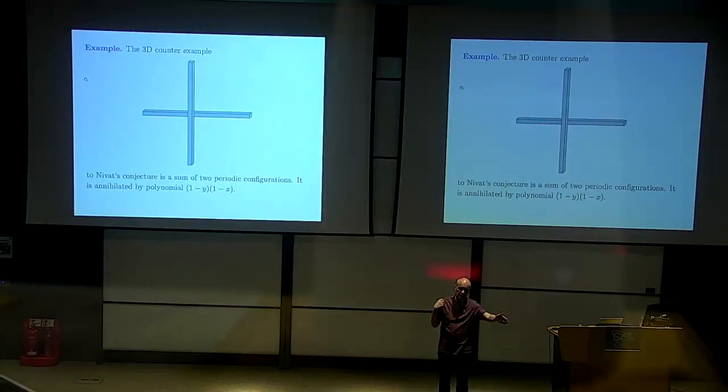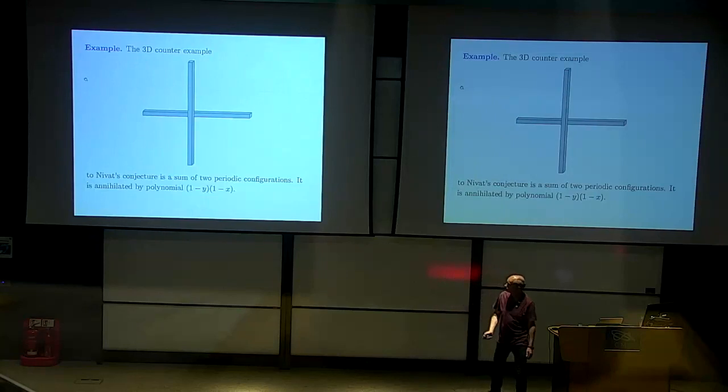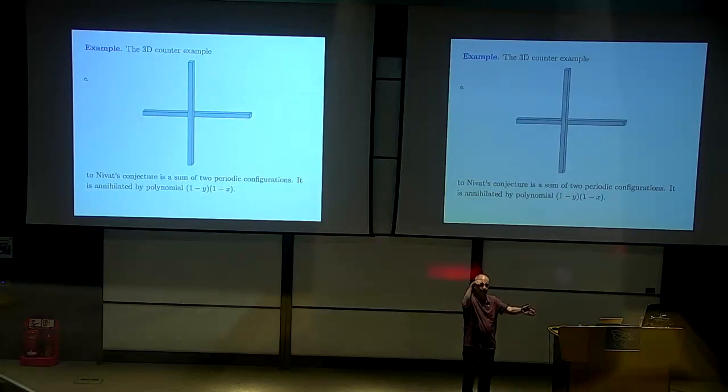You have the horizontal bar, that's also a periodic configuration. Your counterexample is a sum of periodic ones. Every low complexity configuration is a sum of periodic graphs. And if you prefer, with the annihilator with the difference polynomials, this guy is annihilated by making a difference in the vertical direction, well, this disappears, and make a difference operator in the horizontal direction, well, the other one disappears. You get 0 in the end.